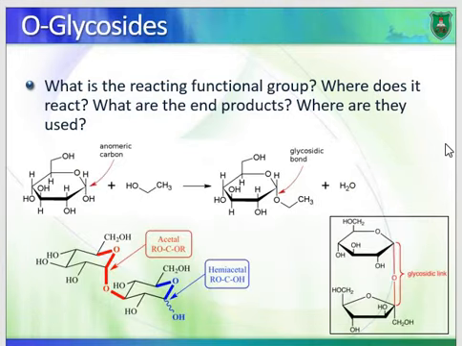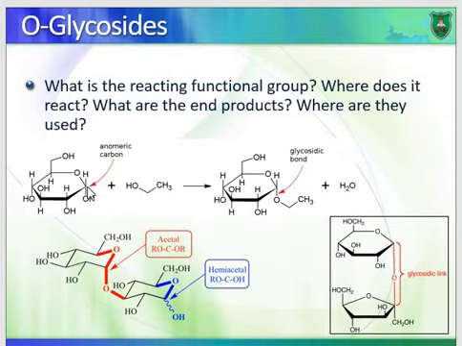Another example of modified sugars are the O-glycosides, in which the sugars, like for example this glucose, can get bonded through the oxygen of the OH on carbon number 1, the anomeric carbon, to, for example, another sugar or another molecule like this alcohol molecule, forming this glycosidic bond.